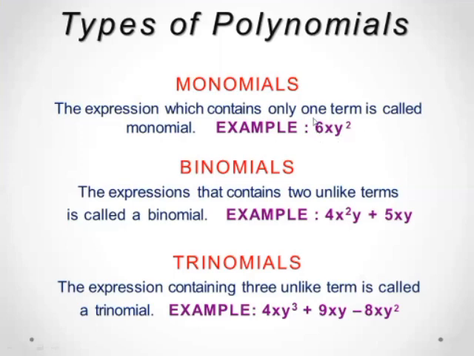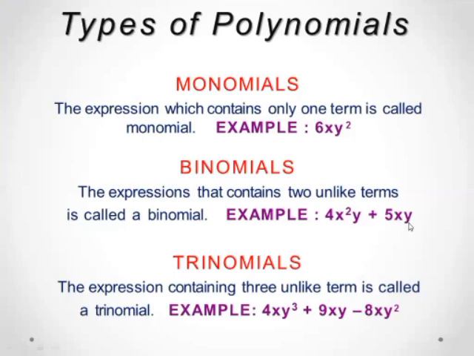Let's come to binomials. Binomials means any expression containing 2 unlike terms. The main thing is unlike. The example is 4x square y, which is connected with 5xy with plus sign. In between, plus sign is there. So 2 terms are here and this expression is known as a binomial.